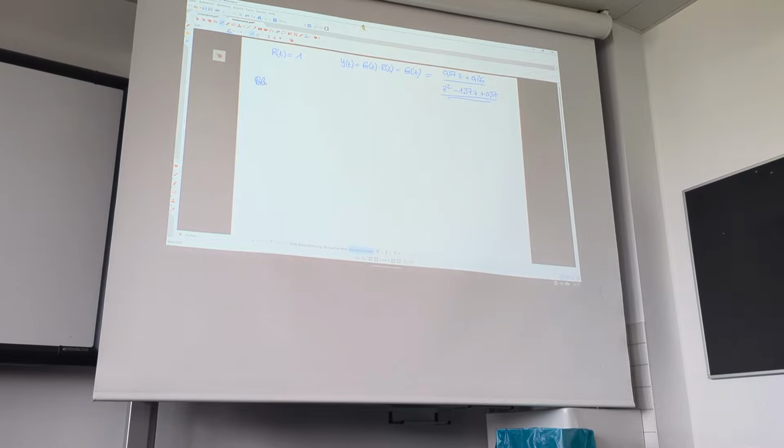Polynomial division. How does it work? So we can write down the numerator first, 0.37 Z plus 0.26, and we divide that by the denominator, Z squared minus 1.37 Z plus 0.37.